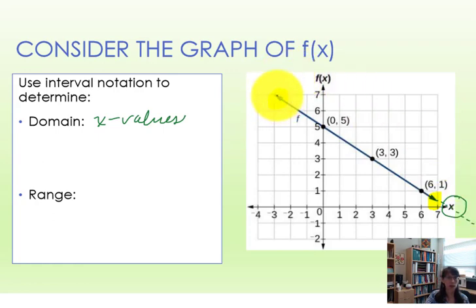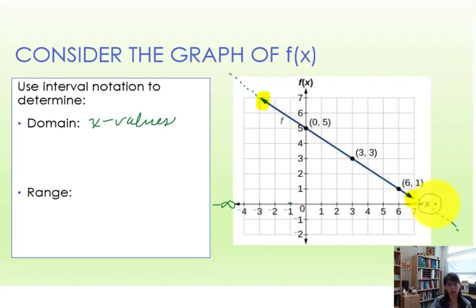And the same at the other end of the line. It's going to continue indefinitely going to the left. So what kind of numbers does that involve? If I go continuously to the left, that's negative infinity on the x-axis. If I go continuously to the right, that's positive infinity. So domain related to x values means we have no stopping point.